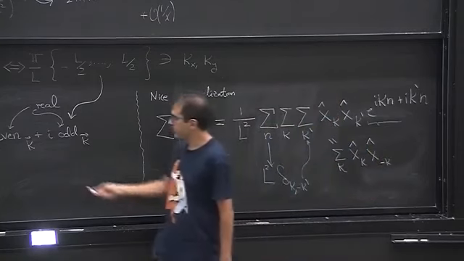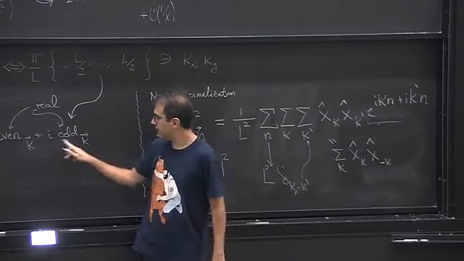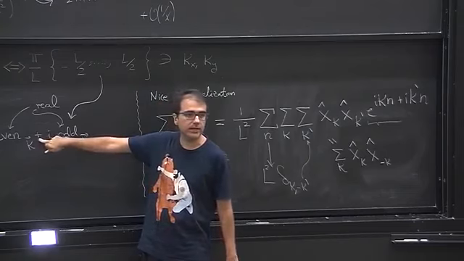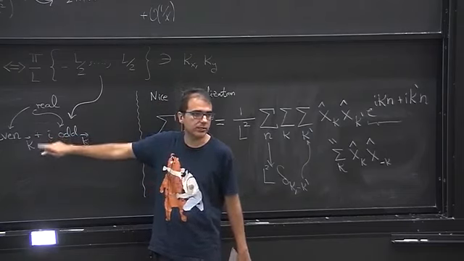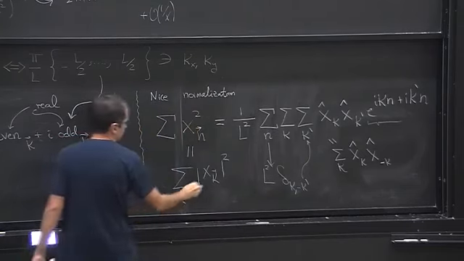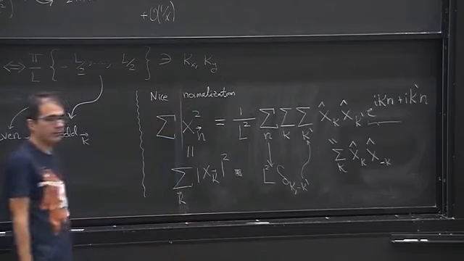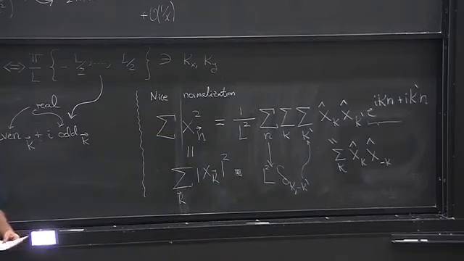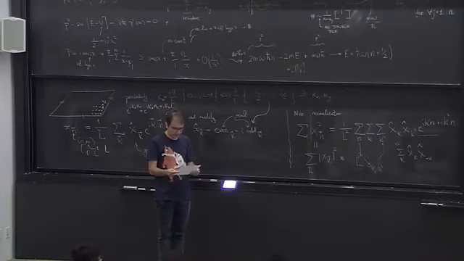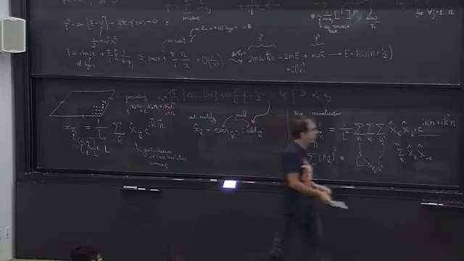But if you flip k to minus k, you flip the odd part, which means you put a minus here. So that's the same as complex conjugating. That indeed gives what I said we should get. X hat minus k is just the conjugate of x hat k. Okay, good.